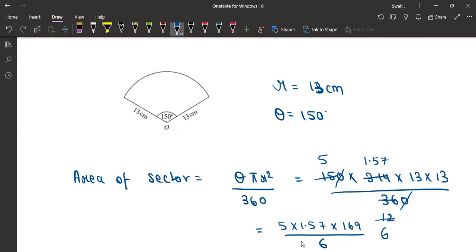Now, of course, we can solve this, but I'm not going to solve it here. I'm directly going to write down the answer. You can do the calculation on your own.